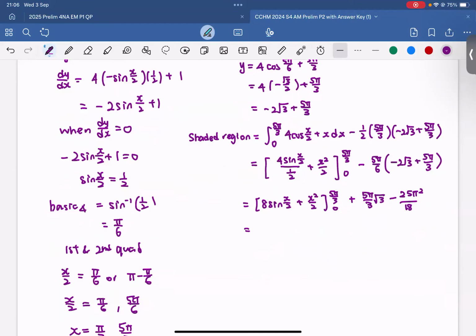Okay, now we put it in. This is 8 sine 5 pi over 6 plus 25 pi squared over 18. So these two can cancel with each other. This is just half.